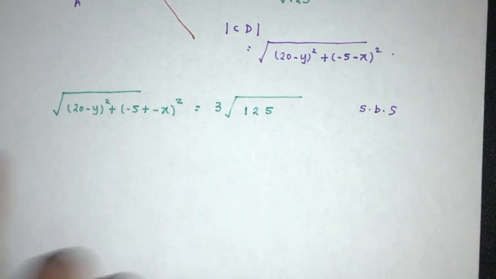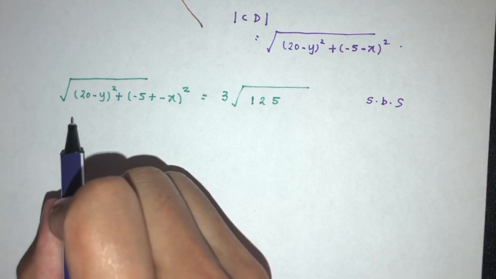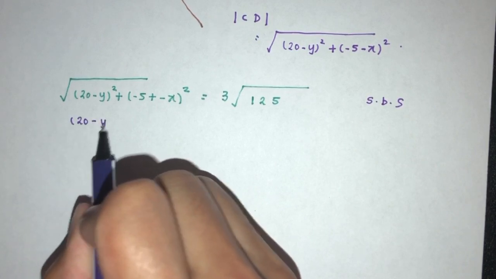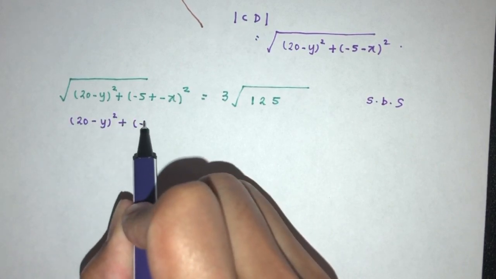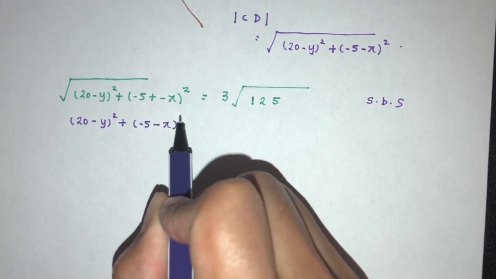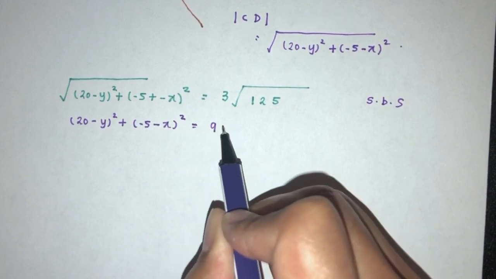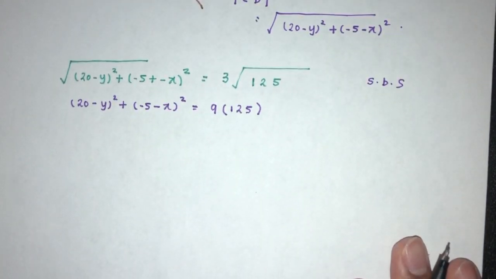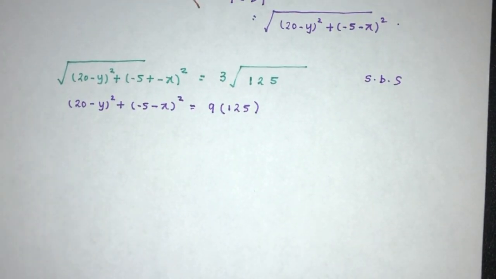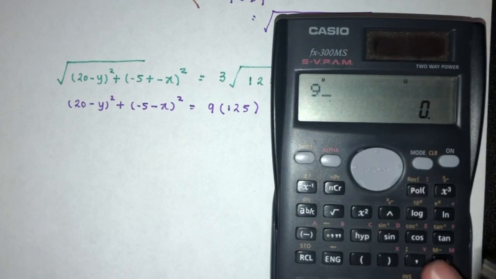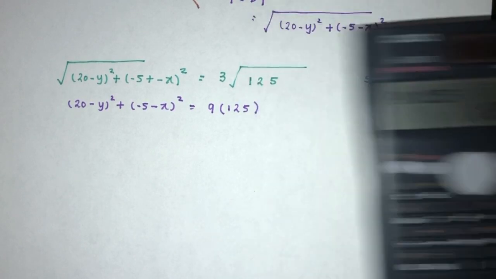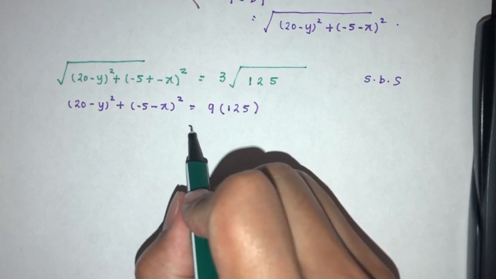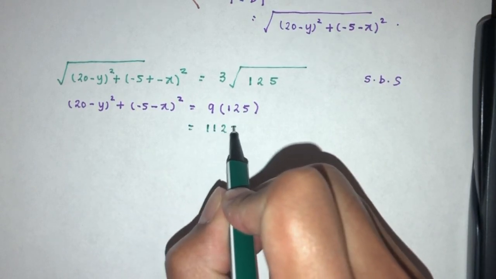Okay, so the first thing we can do is try to square both sides, so we can cancel out these square roots. So here you will have 20 minus y squared plus minus 5 minus x squared has to be 9 times 125. Okay, let's see what we can do here. So 9 times 125, you will have 1125.